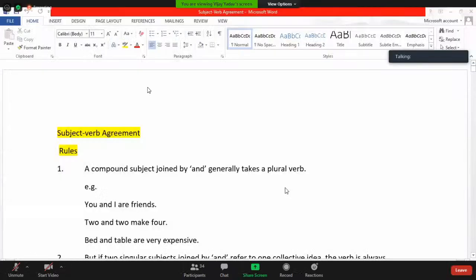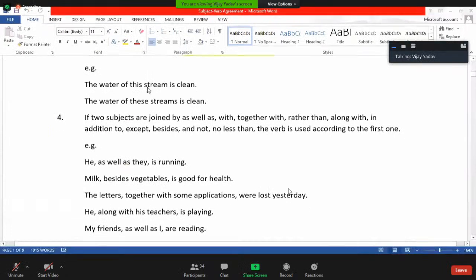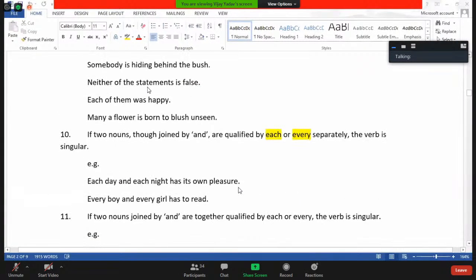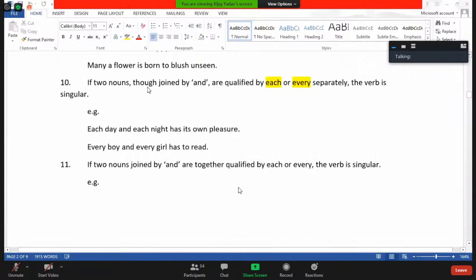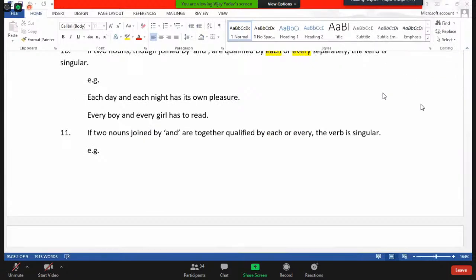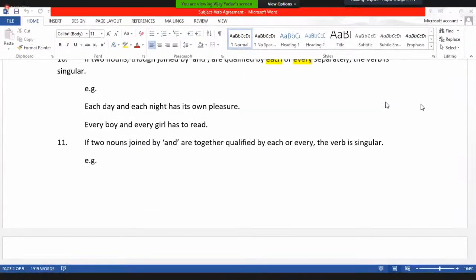Now, let's continue subject verb agreement. Up to number 10, we did.